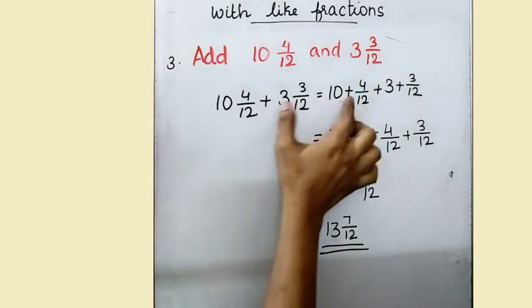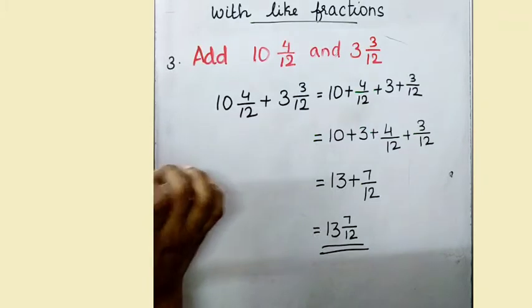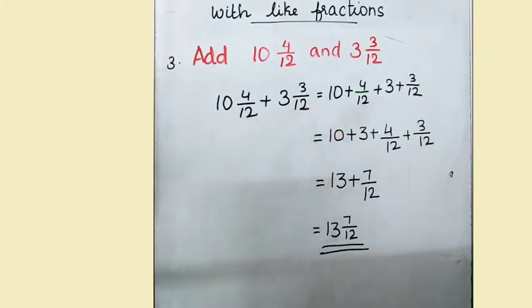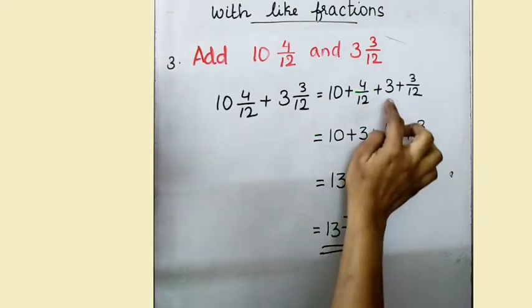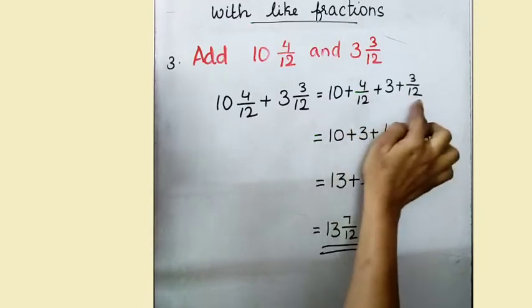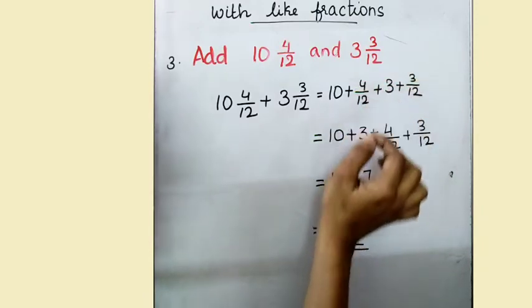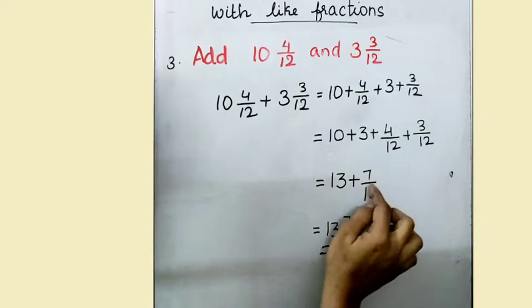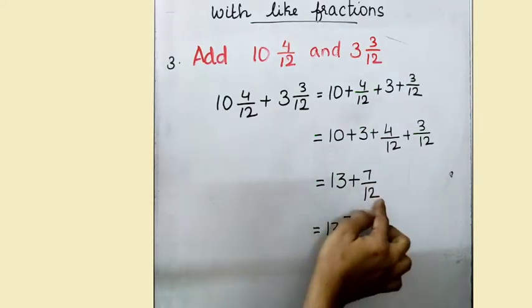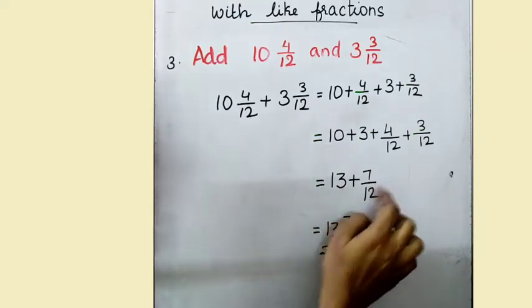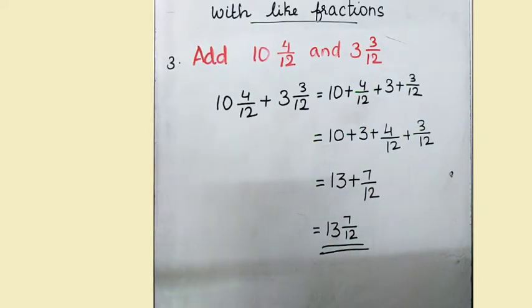We add the whole number parts, then add the like fraction parts. Whole number plus whole number gives 13. Then when we add these like fractions, we add only the numerator. Numerator 4 plus 3 is 7. 7 by 12. So combining this whole number and fraction, we get 13 and 7 by 12. This is the answer. Then look into one more example.